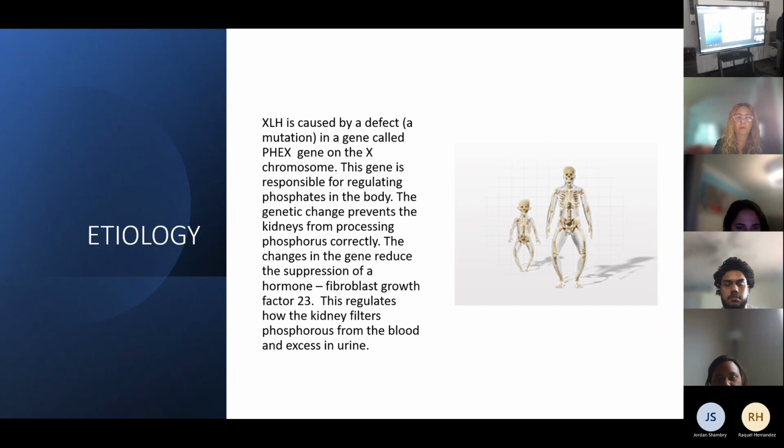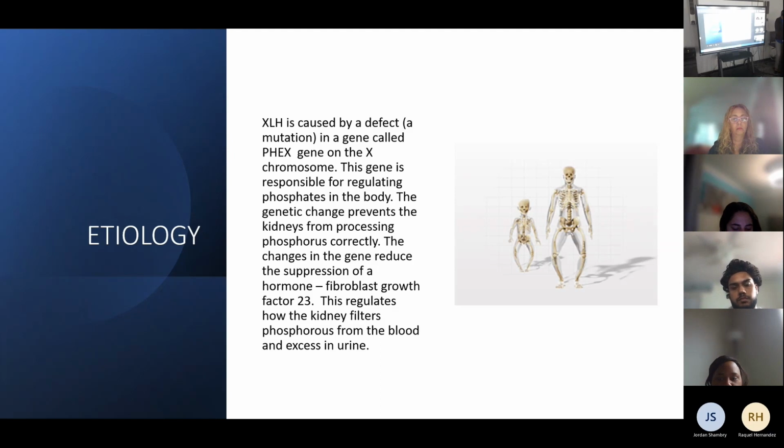So the etiology of this disorder: XLH is caused by a defect in a gene called PHEX on the X chromosome. This gene is responsible for regulating phosphate in the body. The genetic change prevents the kidneys from processing phosphorus correctly.